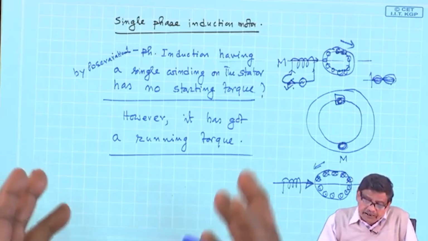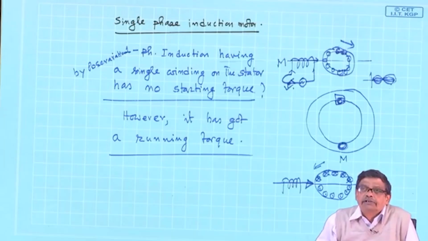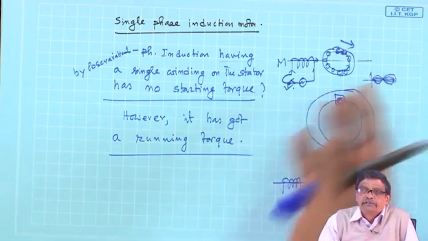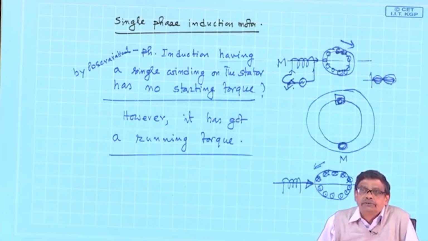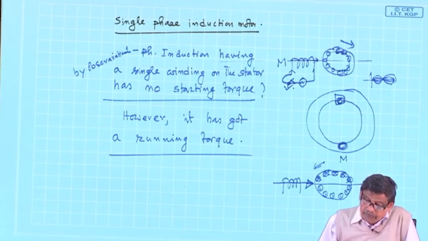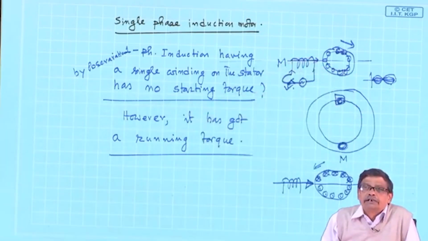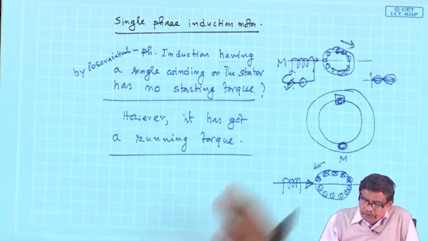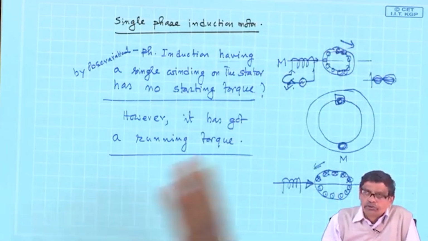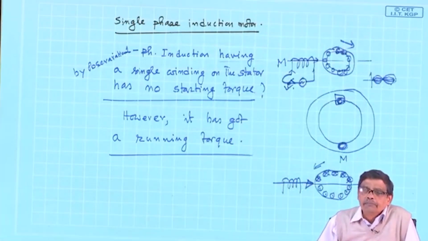by maybe bringing another extra coil on the stator. That is what precisely we are going to do. Therefore, to incorporate starting torque, I will bring another coil and show that it is a feasible scheme.